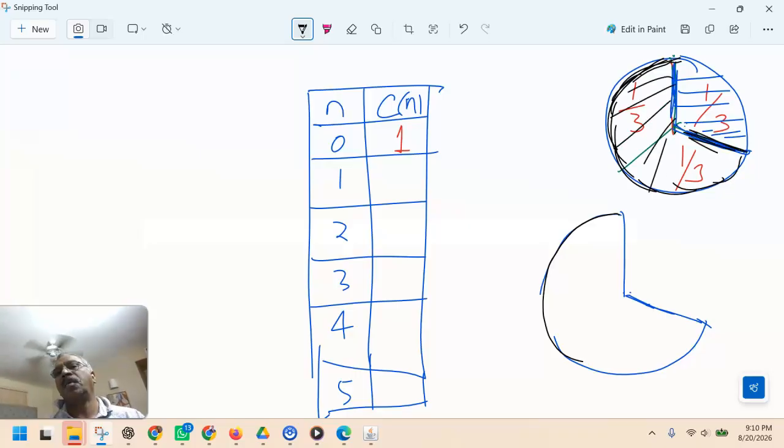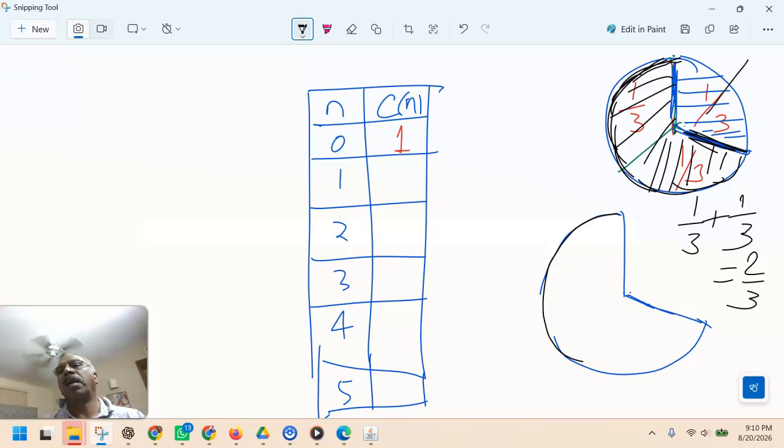This whole piece is one third plus one third, which is 2/3. So this piece is gone here, and now how much is remaining is 2/3.